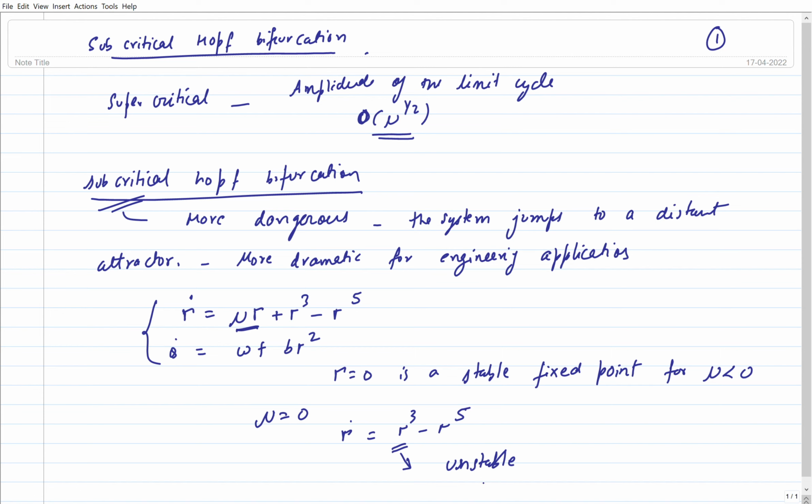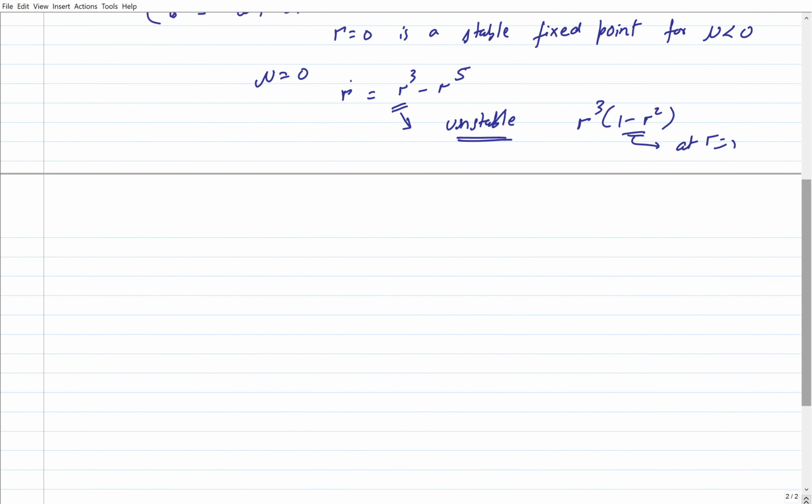And of course, that's not the only attractor in town. At r equals 1, there is a distant limit cycle.